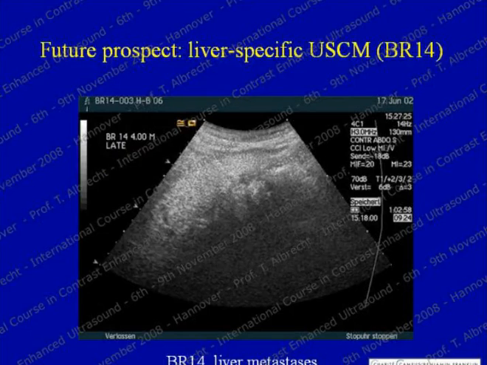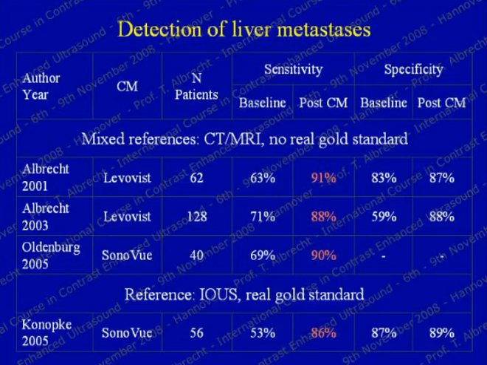A few figures here. These are 4 different studies looking at the detection of liver metastases. The first 3 here using CT and MRI as the reference without a real gold standard, and then the one down here by Konopka using intraoperative ultrasound as a proper gold standard.